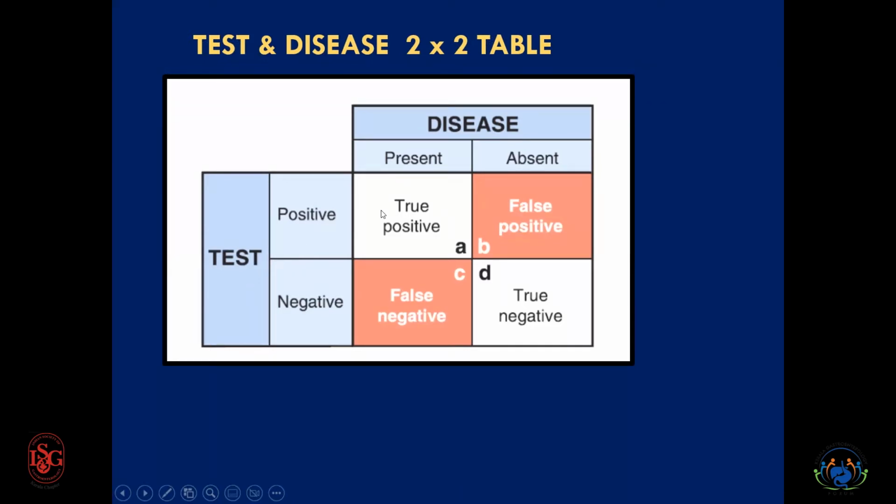When the test is positive in a person with the disease, we call it true positive. When the test is positive in a person without the disease, we call it false positive. Similarly, when the test is negative in a person with the disease, it is false negative. When it is negative in a person without the disease, we call it true negative.